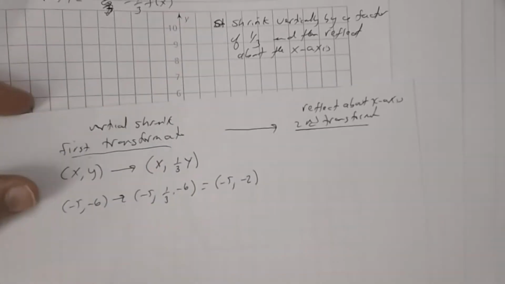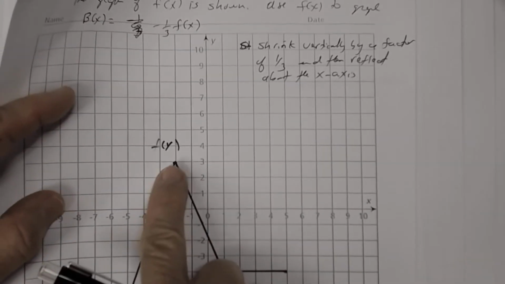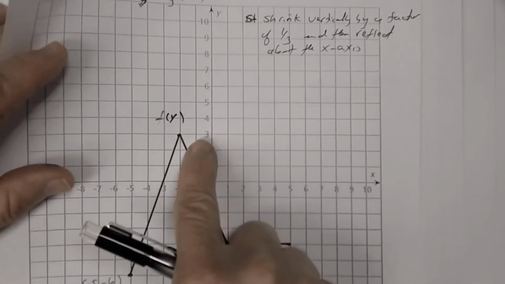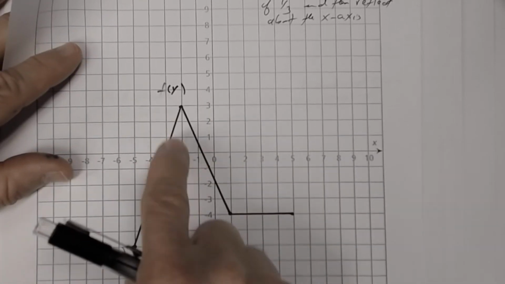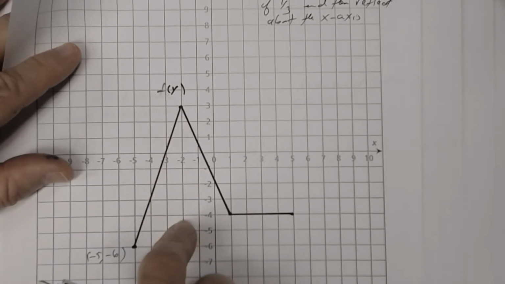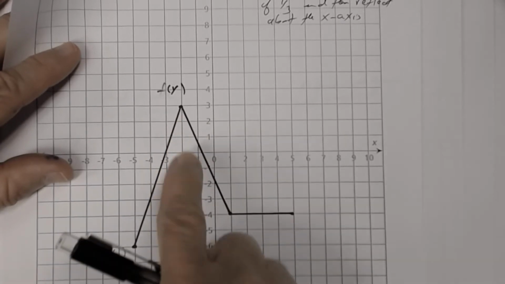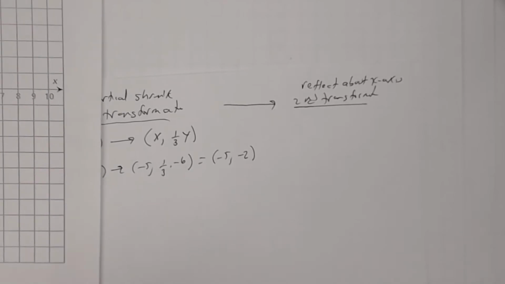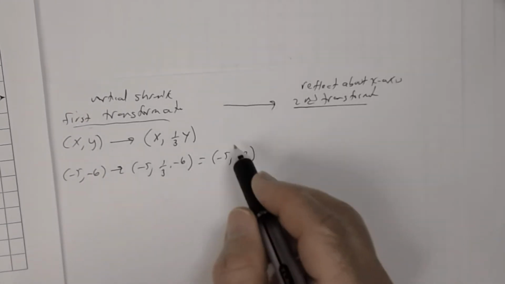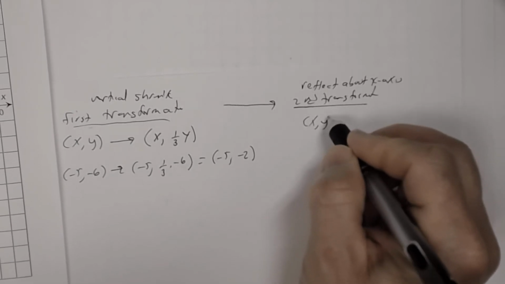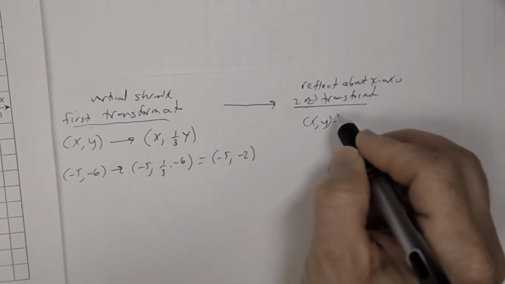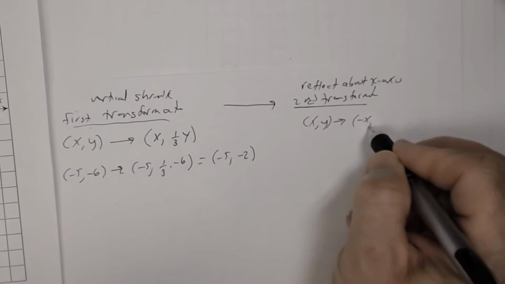When you take a point and reflect about the x-axis, the x-coordinate stays the same and the y-coordinate becomes the opposite. So what that means is that (x, y) becomes (-x, y).